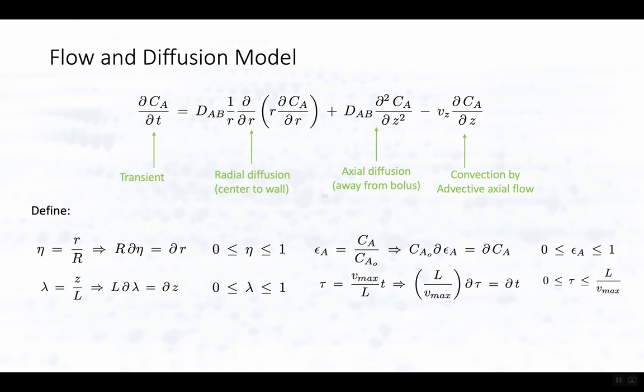I tend to use maximum velocity. The higher the maximum velocity, the shorter the time it takes, the lower that dimensionless time constant would be, things will move down that pipe faster. So tau starts at 0 because the initial time is 0, and it can go to L over V max.